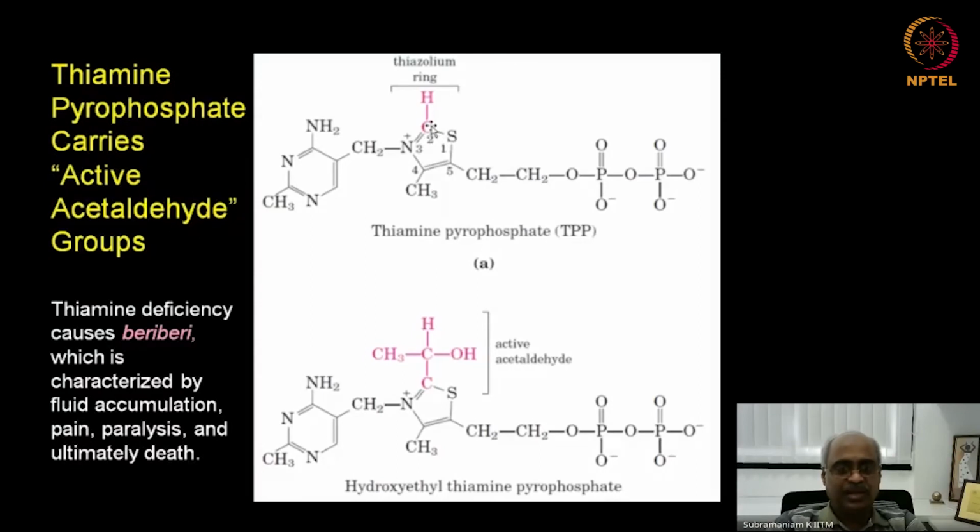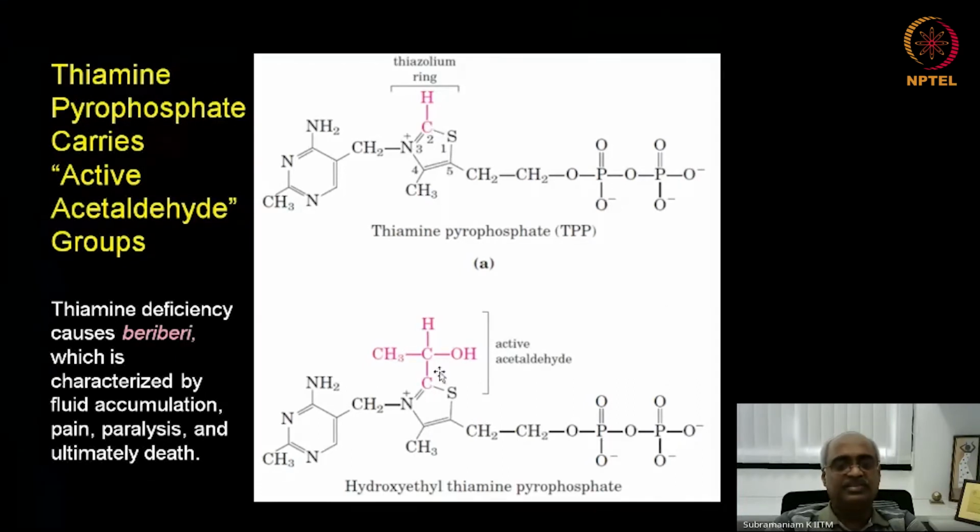This carbon 2 is acidic, due to the electron deficient structure of this ring, and it readily dissociates a proton and forms a carbanion. And that carbanion, as we have learned very early, will very readily react with the carbonyl carbon, because the carbonyl carbon is positively charged and the carbanion will be negatively charged.